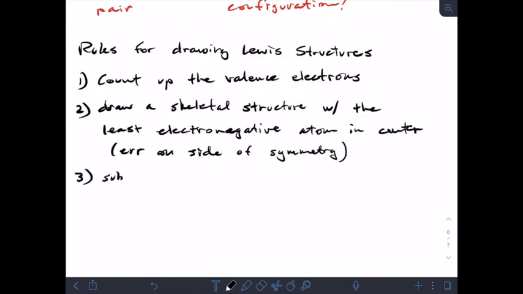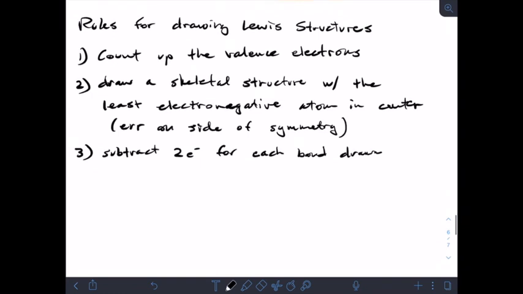Step 3. Subtract 2 electrons for each bond drawn. You just drew a skeletal structure in step 2, so from your total of the valence electrons, subtract 2 electrons for every bond that you just drew.